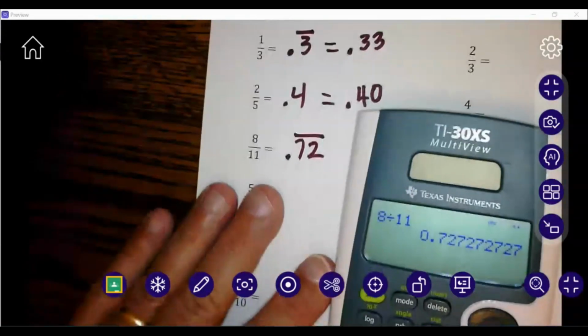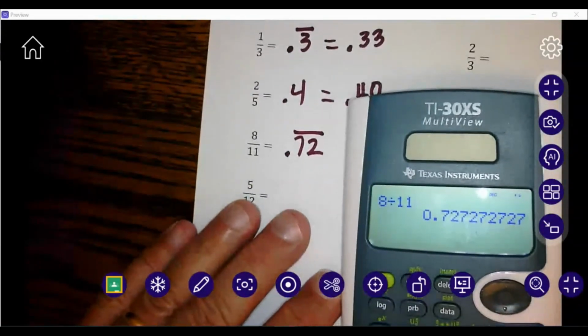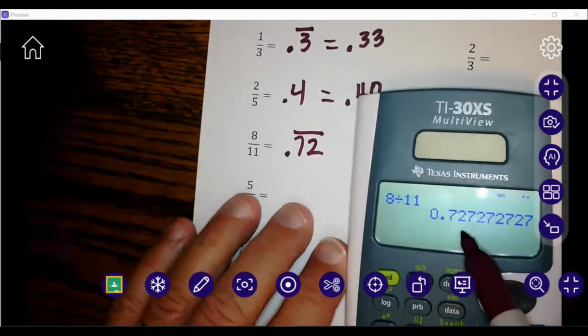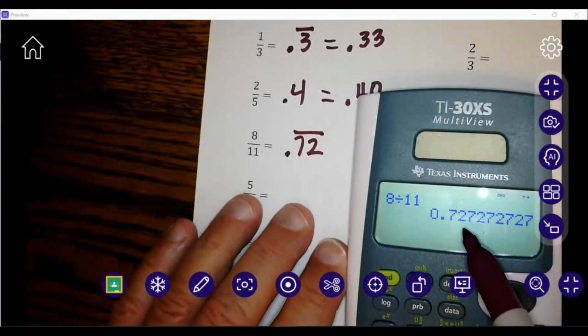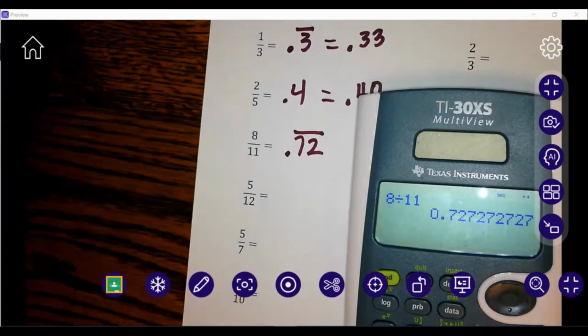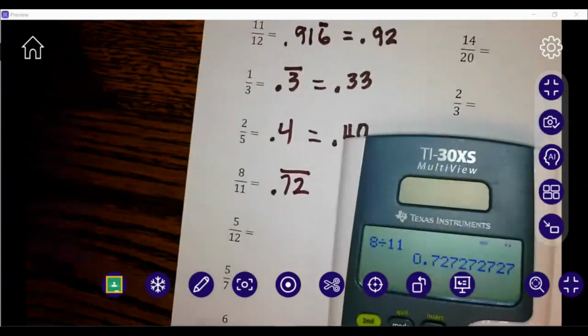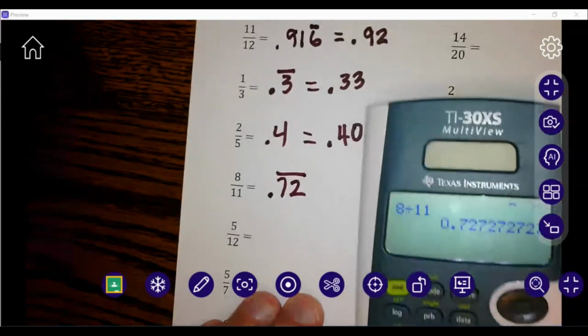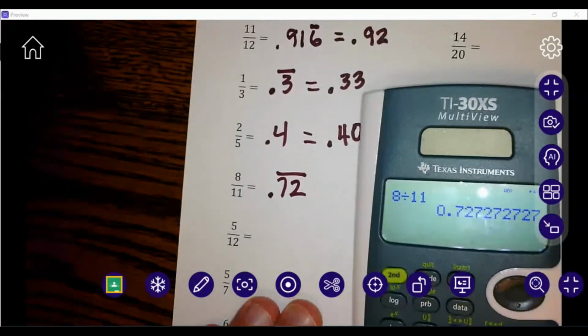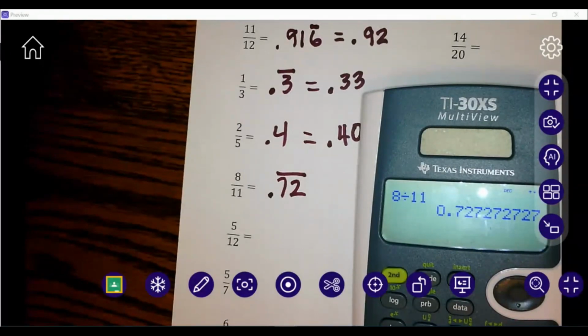If we're told to round that to the nearest hundredth, the 2 is in the hundredths place. So you tell me what that's going to round to. Looking at my calculator or your calculator, tell me what that's going to be when we round to the nearest hundredth.